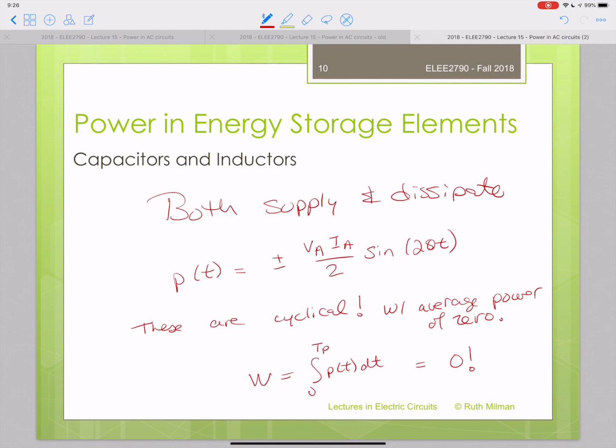What happens is that in half of a cycle, they're dissipating power, in the other half, they're supplying power. So essentially what a capacitor and an inductor do is they charge up and then they release that charge in order to supply power. When working with a sinusoid, they're constantly taking in power, charging, and then supplying power. And that's actually quite useful because they can help alleviate power needs in a circuit sometimes.